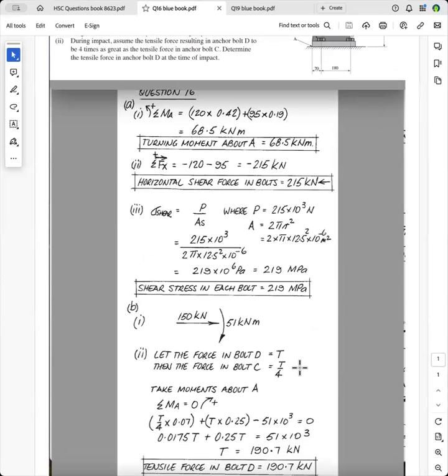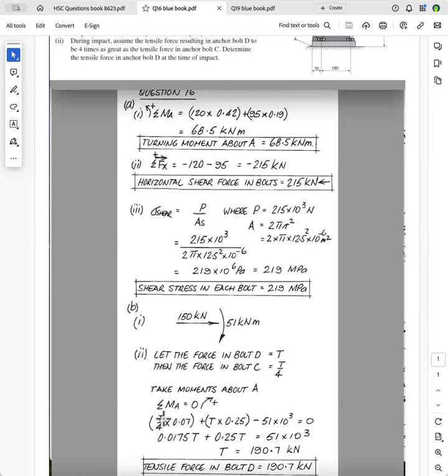So you let the force in bolt D be T, and the force in bolt C will be a quarter of that, because this is 4 times the force in that. Take moments about A, and you have one unknown in the question. So the sum of the moments about A equals 0 with clockwise positive.